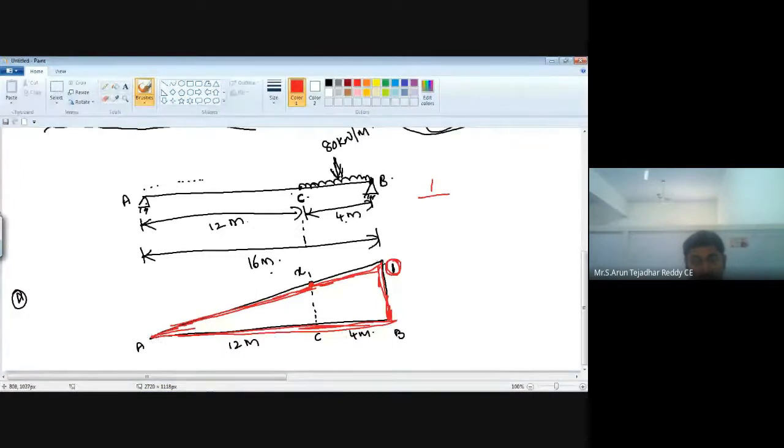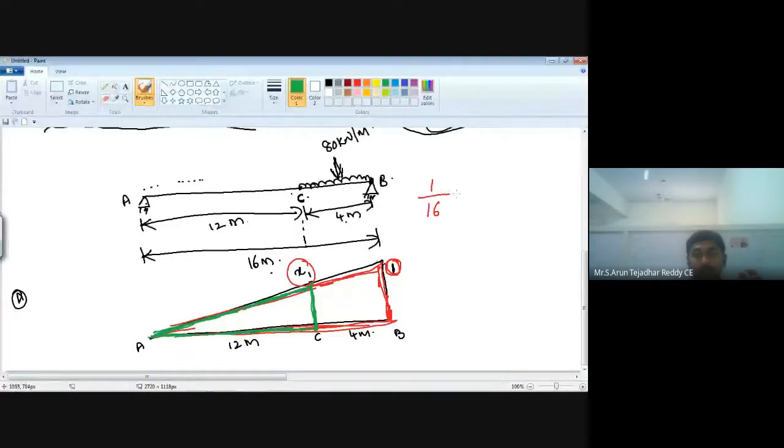Base is from A to B span, that is 12 plus 4, 16. So 1 by 16. Now I need x1 value. So consider up to here and make one triangle shape. This green color, because our unknown ordinate is at C point. So up to here, make one triangle.